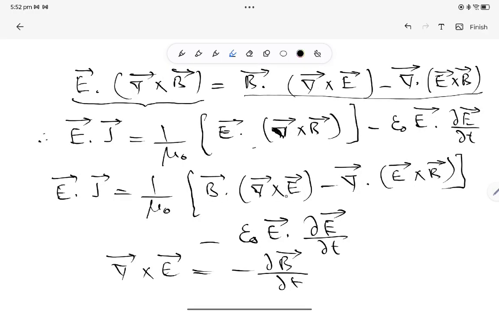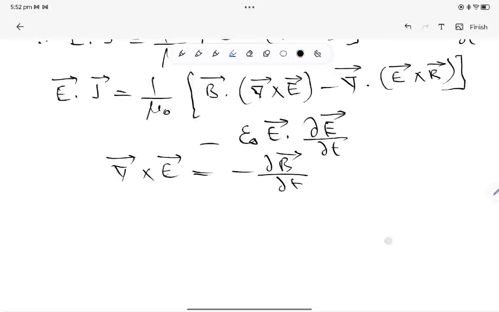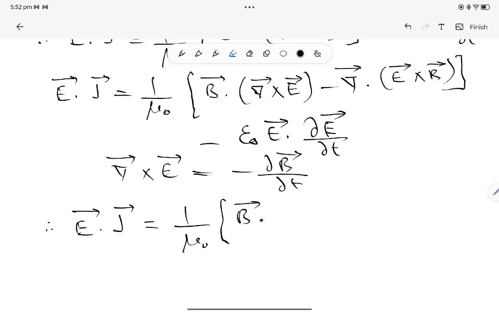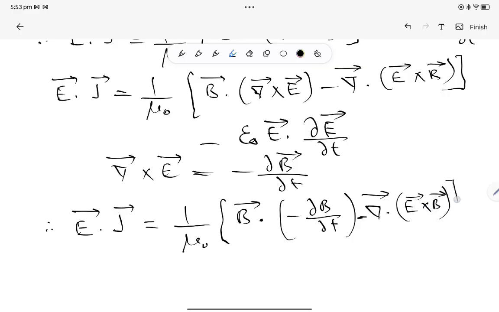Substituting that in place of this, we get E dot J is equal to 1 by mu naught B dot minus del B by del T, then minus del dot E cross B, minus epsilon naught E dot del E by del T.